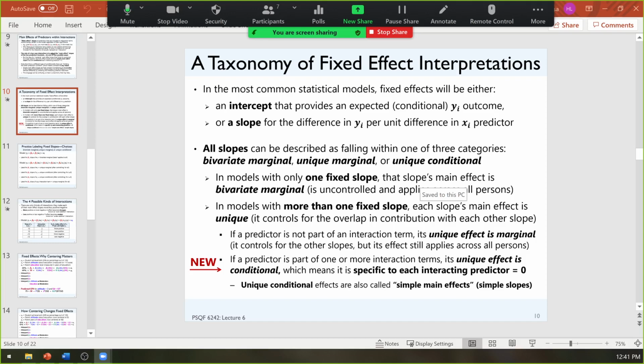So as Jen said, that is correct. And when would you want to do that? Why would you want to put in a new term like x times z as a predictor? Any ideas?